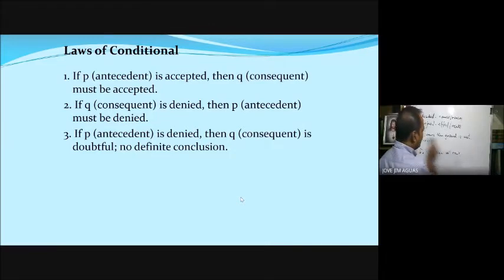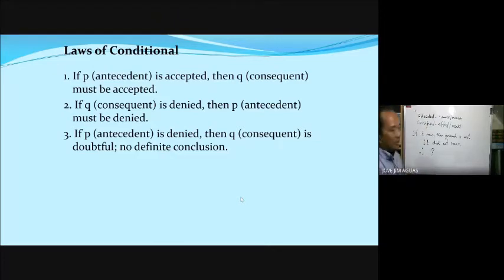Suppose we say that it did not rain. If it rains, then the ground is wet. But it did not rain. The rule says the conclusion is doubtful. Why doubtful?